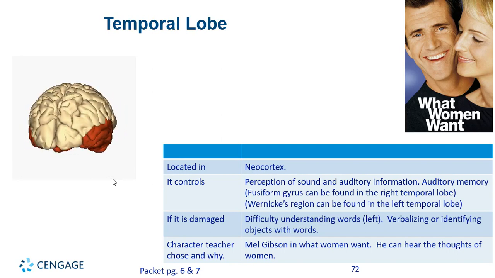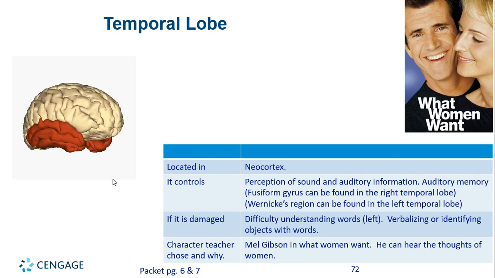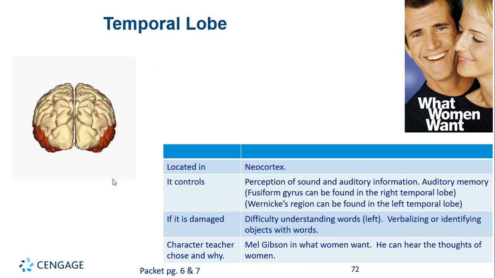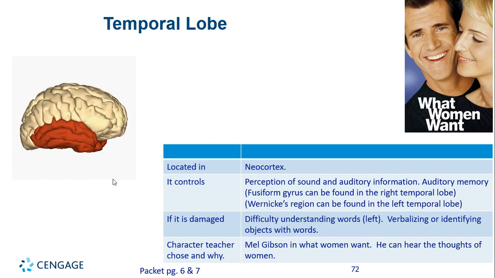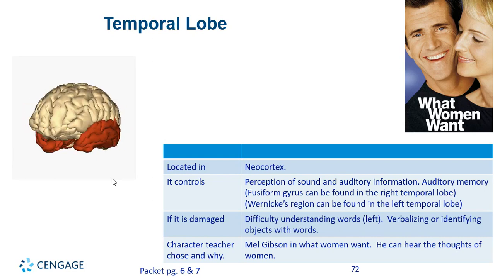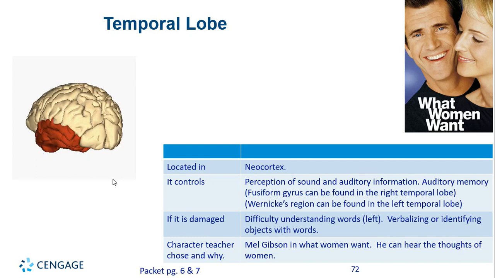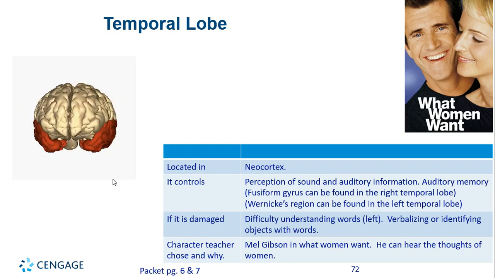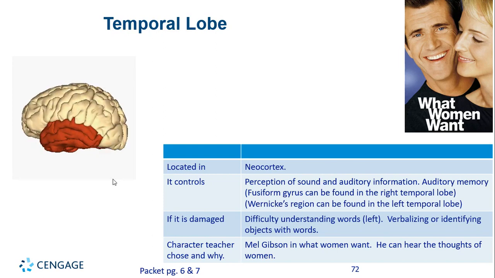You can hear with both your temporal lobes the cadence, the loudness, etc. But understanding language only exists in your left brain, and specifically in the part that we call Wernicke's region. In your right temporal lobe, you have another part called the fusiform gyrus, which helps with faces.